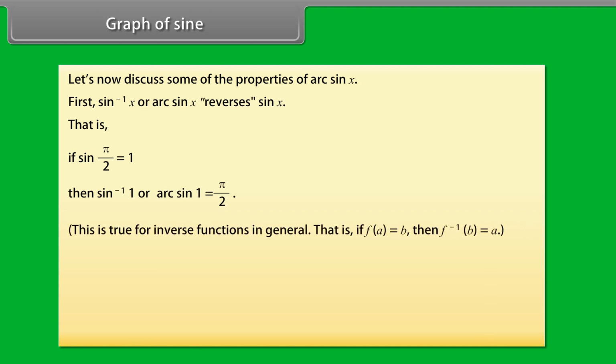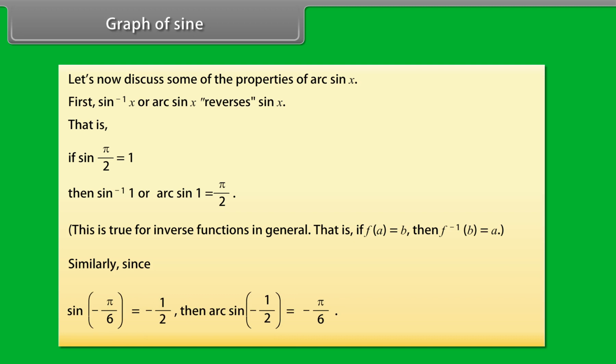This is true for inverse functions in general. That is, if f of a is equal to b, then f inverse of b is equal to a. Similarly, since sine minus pi by 6 is equal to minus 1 by 2, then arc sine minus 1 by 2 is equal to minus pi by 6.